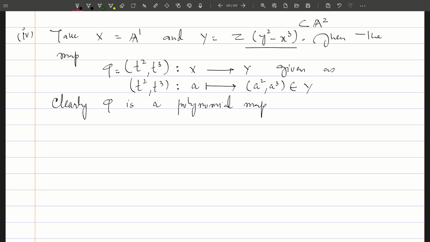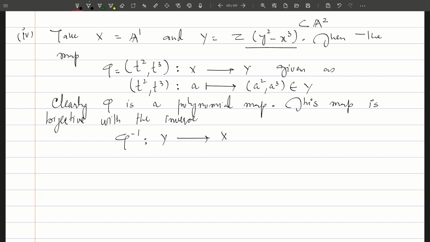It is also bijective. So this map is bijective, with the inverse. So this inverse is a map from Y to X. So we have to give some input here, and we wish to get a one-tuple over here.